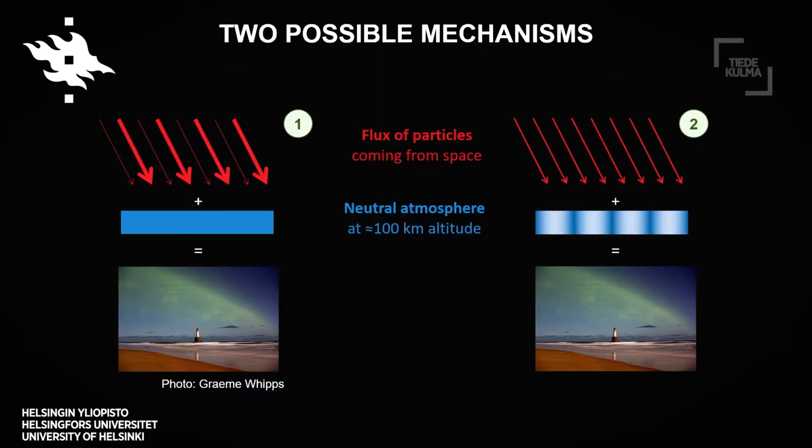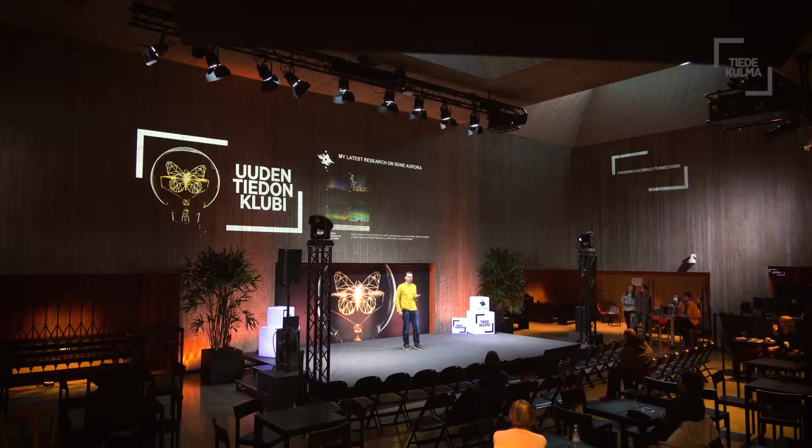And if you have that, then again, in those areas where you have more atmospheric constituents, you will have brighter aurora, so you get stripes. And we actually think that the second hypothesis might be the way to go, because we identified a special and rare type of wave which can happen at about 100-kilometer altitude in the atmosphere, and which has a morphology evoking that of the dunes. So we investigated this a little bit further.